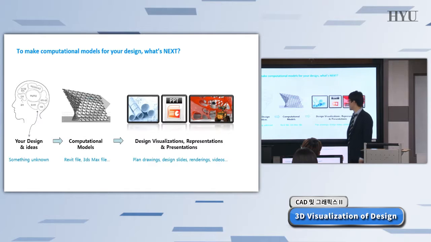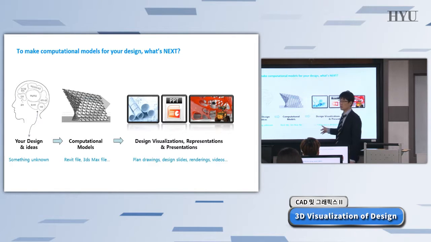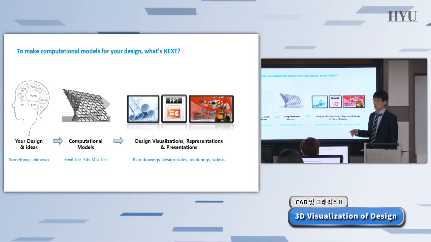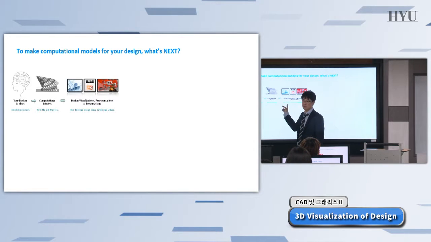And this can be presented by using sub-visualizations, plan drawings, design slides, renderings, video, animation, whatever, for expressing your ideas by using this computational model. This is the process of designing, okay, by using computer tools. So this is a really simplified process of design.